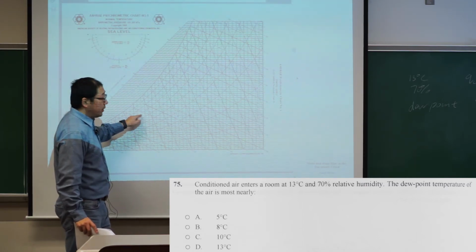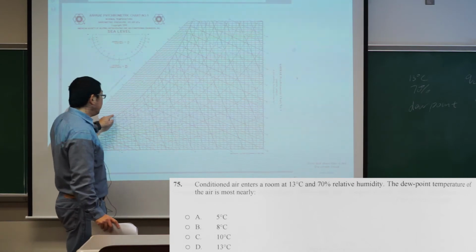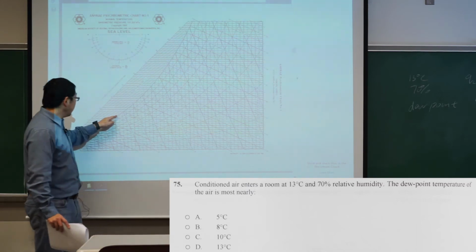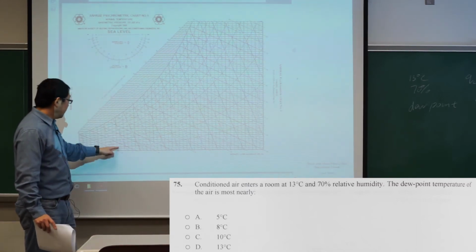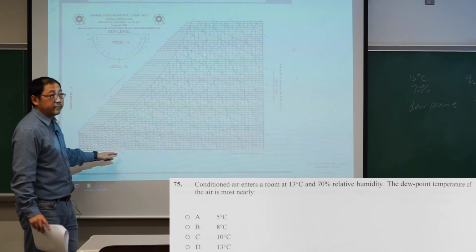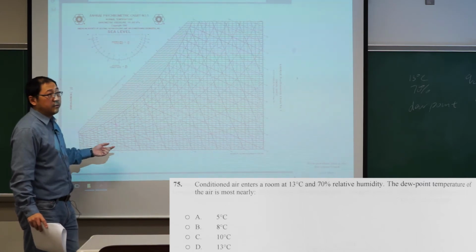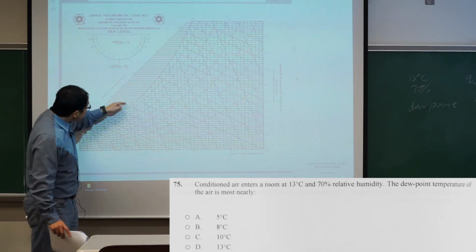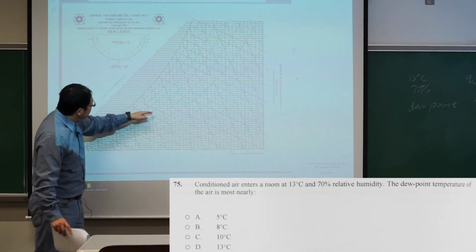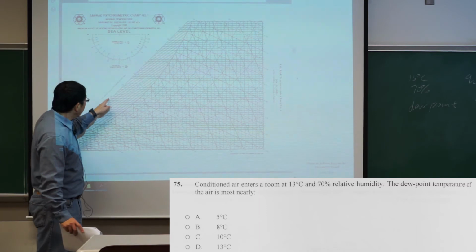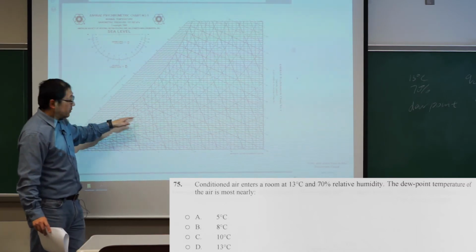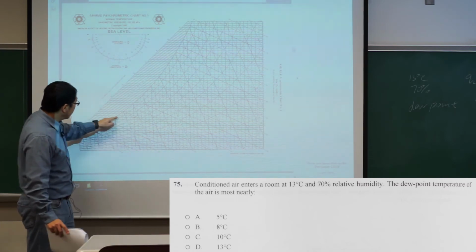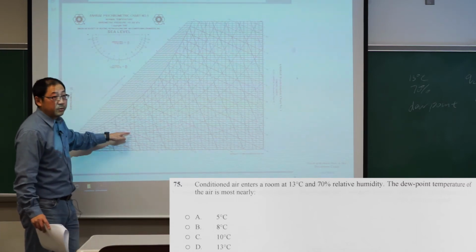Anytime you ask for the dew point, you need to draw a horizontal line. That's the dew point, and you get here, and then you read the temperature. You go down here, you read the temperature. That's how you find the dew point. If it's asking for the wet bulb temperature, then you need to go along this line, so the enthalpy remains constant, and then you read the temperature.